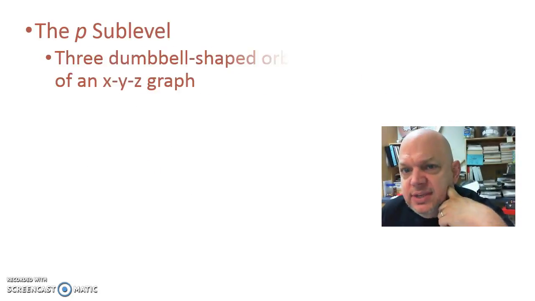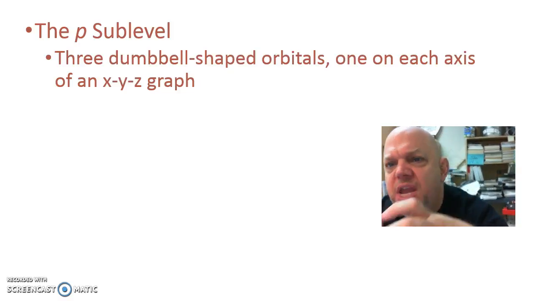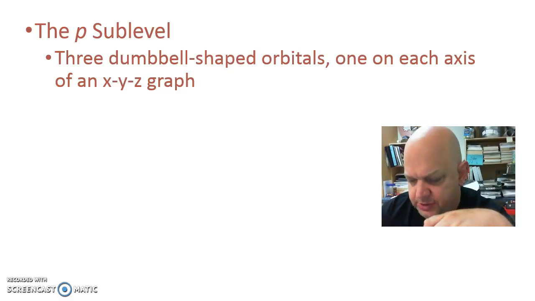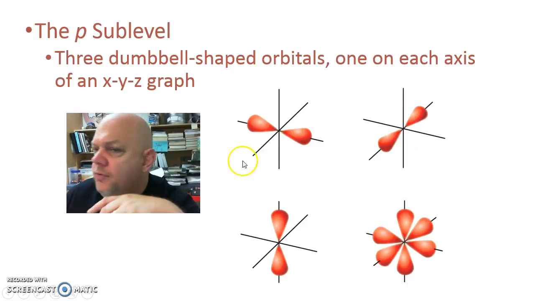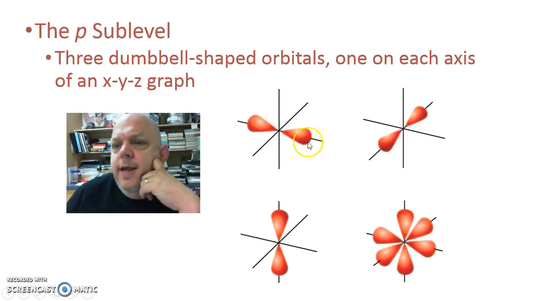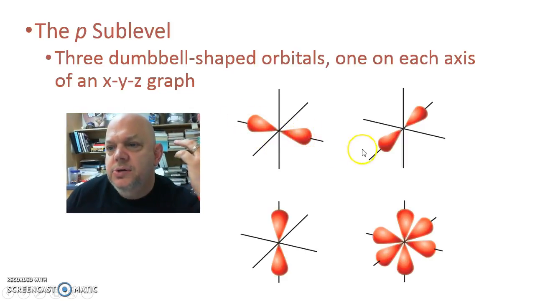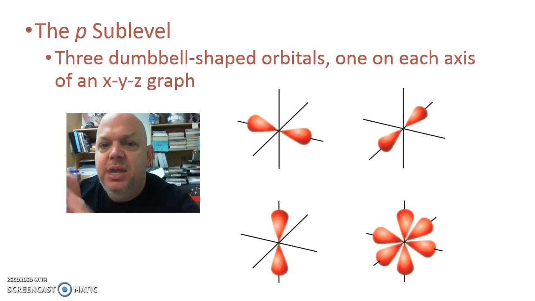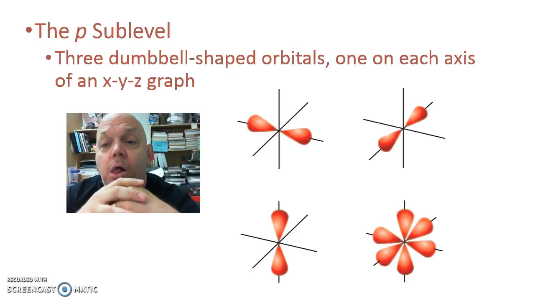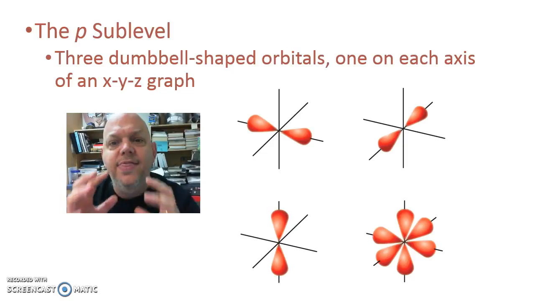All right, let's look at the p sublevel. Now, we have these 3 dumbbell-shaped orbitals, 1 on each axis, okay? If we look over here, here's p in the x-axis, here's p in the z-axis, and here's p in the y-axis. That's the p sub x, p sub y, and p sub z, all combined into one thing.